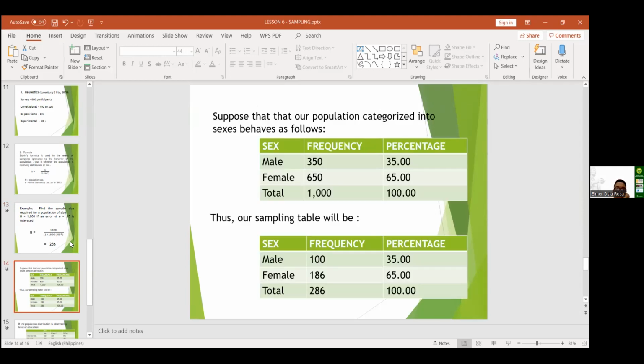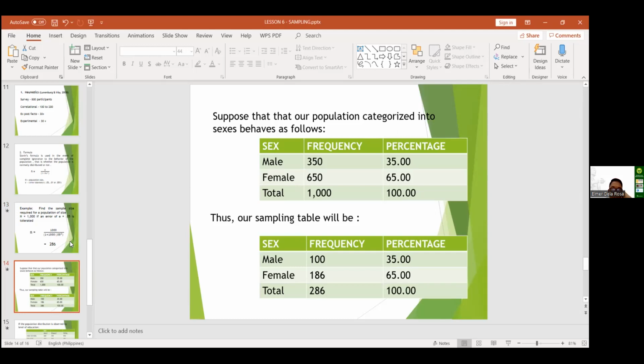So suppose that our population is categorized into sexes like male and female, at gagamit ka ng stratified sampling na proportional. Ito ang magiging sampling table natin. So 1,000 ang ating population, 350 ang male, 650 ang female.